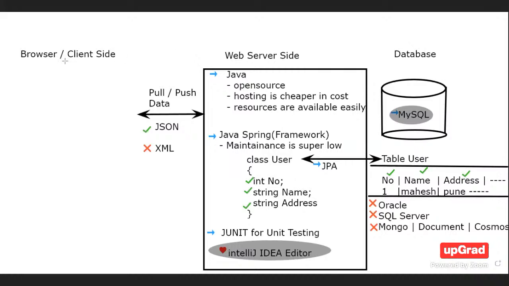When it comes to client side technology, the logic we end up writing is in JavaScript. So on the client side, I would need the UI, which is made with HTML. We'll be using HTML5, the latest version.